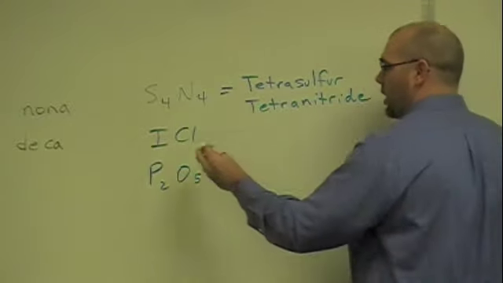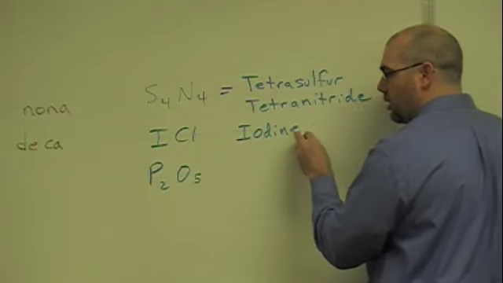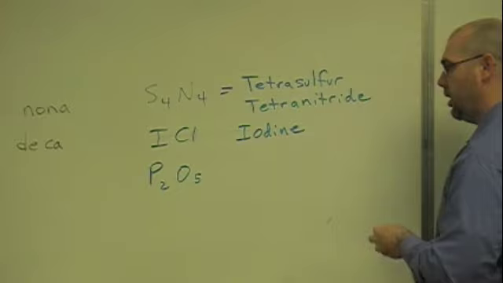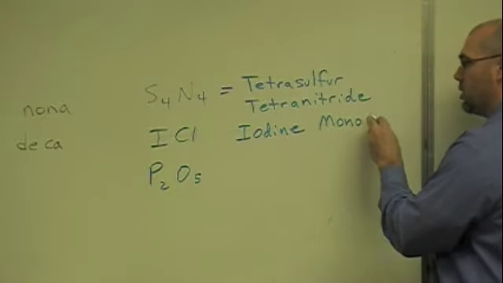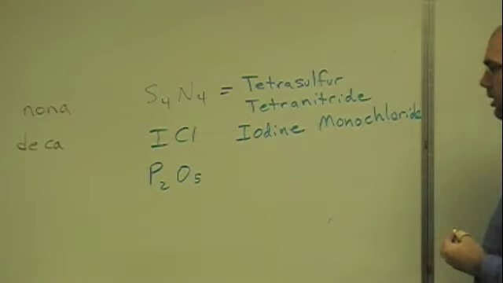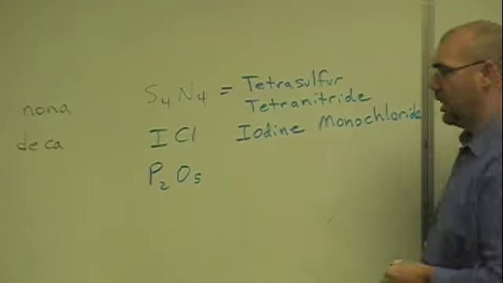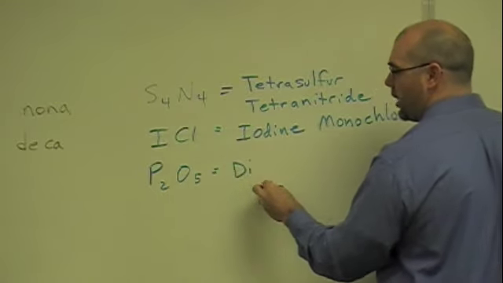Our second one, we only have 1, so all you do is write its name, iodine. Always prefix the second guy, so that's mono, and chlorine becomes chloride. Run out of room there. The last one, there's 2, so you use the prefix.